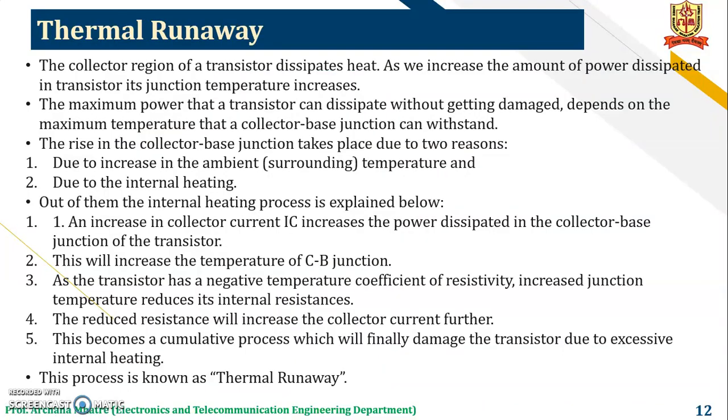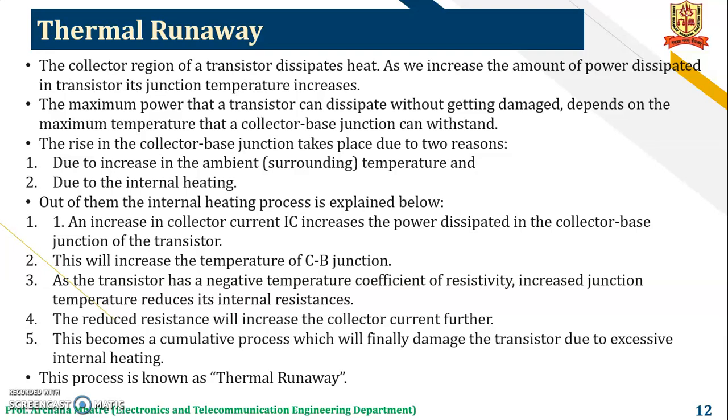Then next point is thermal runaway. The collector region of the transistor dissipates heat. As we increase the amount of power dissipated in the transistor, its junction temperature increases. The maximum power that a transistor can dissipate without getting damaged depends on the maximum temperature that the collector base junction can withstand.